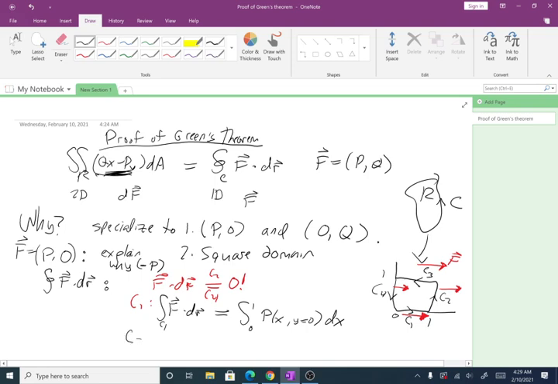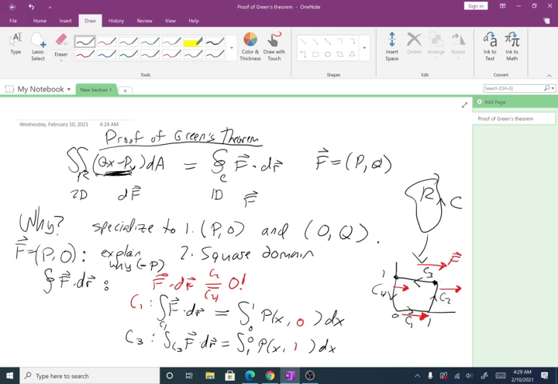And C3, the one above it, it'll be the integral from 1 to 0, right? Because we're starting at x equals 1 and we're ending at x equals 0. P of x, y equals 1 dx. And you don't have to write y equals 1. I'm just putting that there for clarity. So how about I just remove that and put 0 and 1.